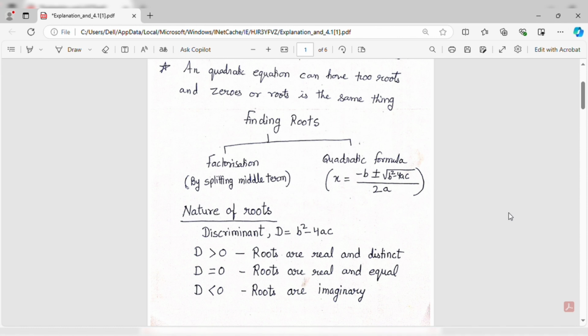First is factorization, which is also called splitting the middle term, as we had done previously in chapter number 2. And the second method is the quadratic formula method, which is a new method in which we will put the values of a, b, c in this formula and we will get the value of x.